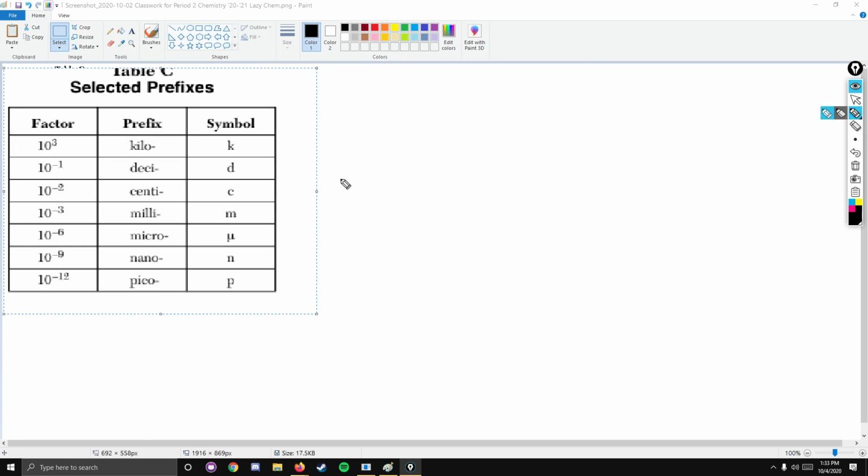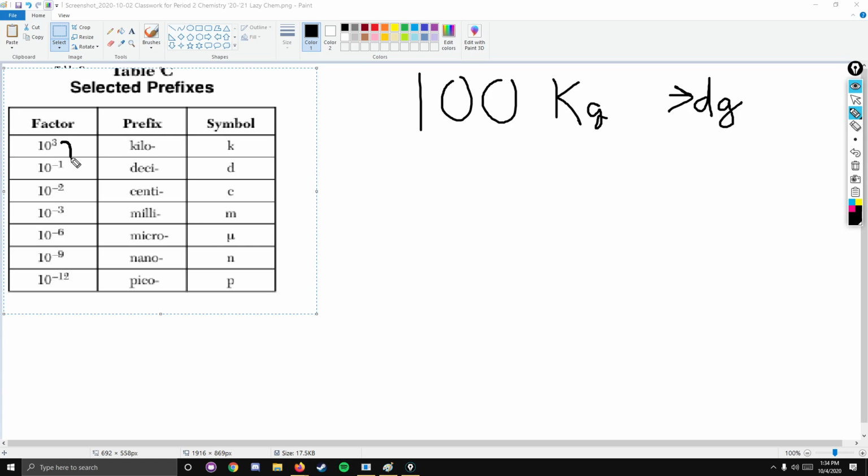The second method that I wanted to show you just means looking at your factor sheet. Let's say we have 100 kilograms, and you're trying to convert to decigrams. Instead of having to do that conversion factor, if you're going down your factor table, you can subtract.